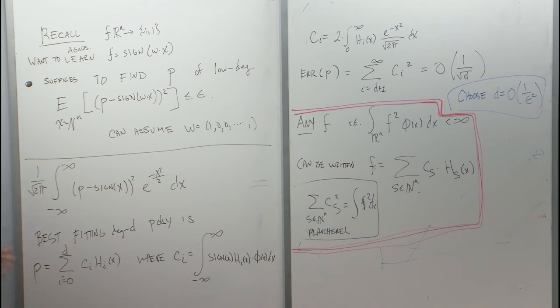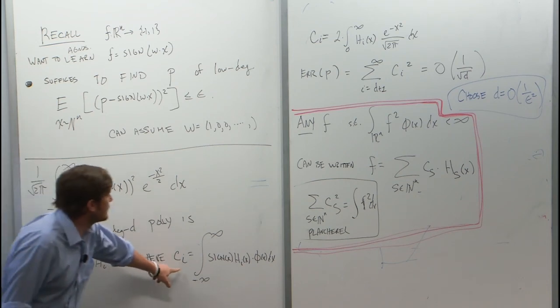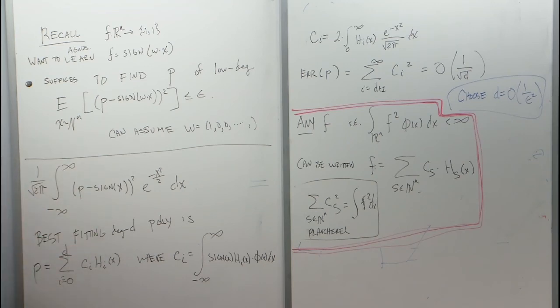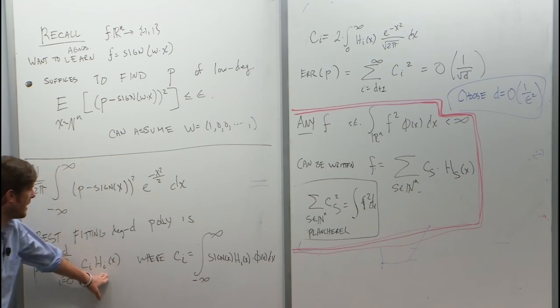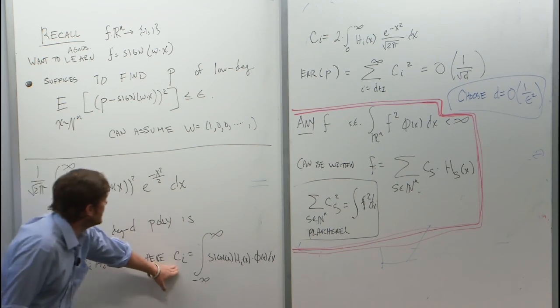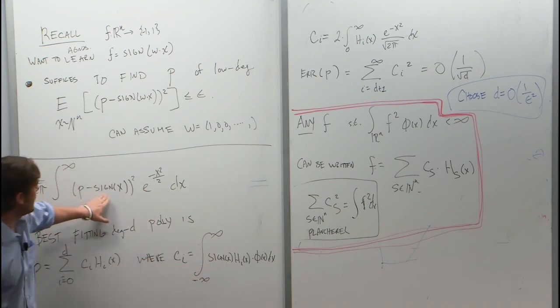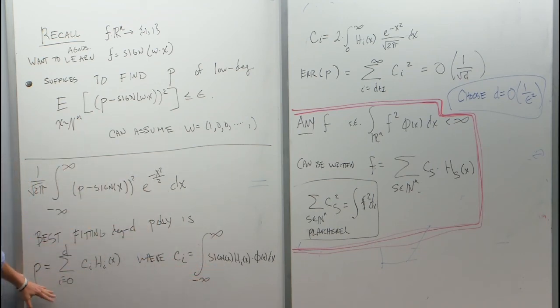So we know, from basic facts, that the best fitting degree d polynomial for this particular function, sign of x, is the sum from 0 to d of c_i h_i(x), where c_i is the Fourier coefficient of the sign function. h_i is the ith Hermite polynomial. This is the best degree d fitting polynomial.